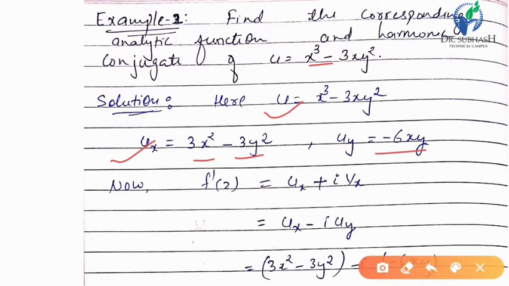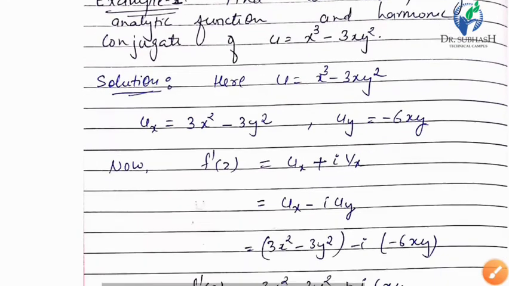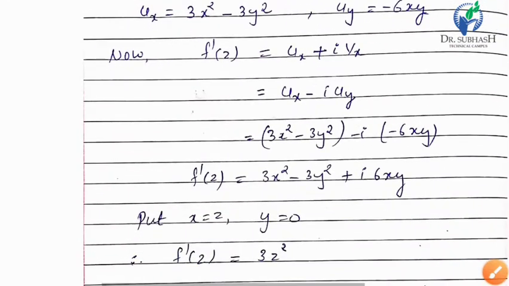Now I will move towards the Milne-Thomson method. So for that I need f dash z equal to ux plus i vx. Again I am given u as a function, so I will replace this vx by minus uy.